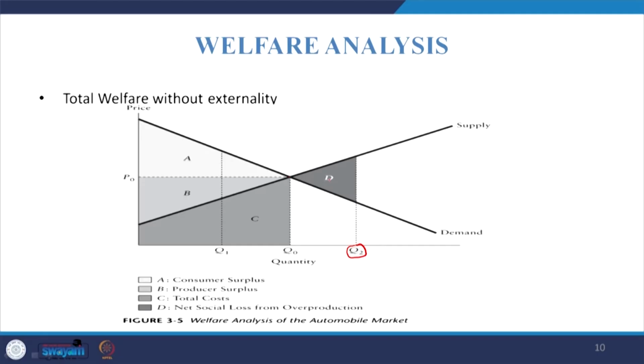Similarly, if you produce at OQ1, which is below the equilibrium point, again you can see there is a gap. Here the gap is between the marginal willingness to pay and the marginal willingness to accept. Obviously, this gap also creates losses.